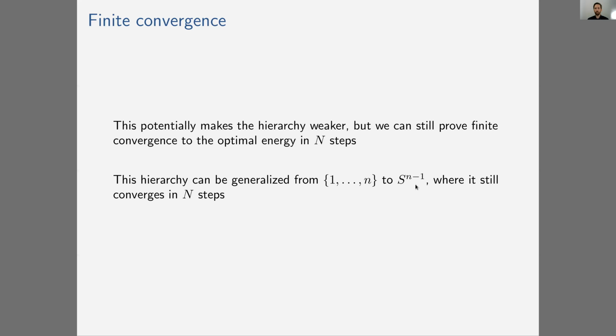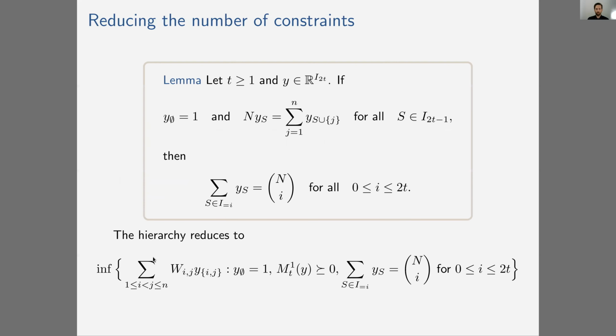Okay, and how do you go from this hierarchy to a hierarchy for infinite sets? It's exactly the same as what we did yesterday for packing. So I won't show it now, but you're going to replace this y by a measure lambda defined on the subsets of the unit sphere up to some cardinality.